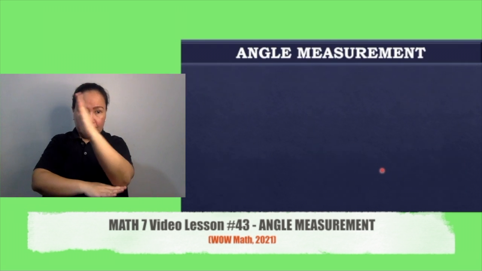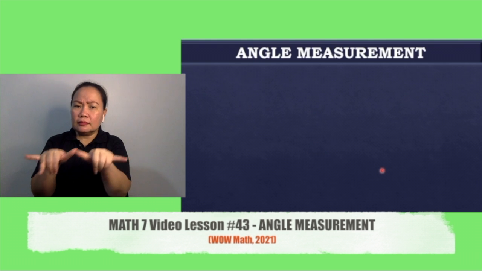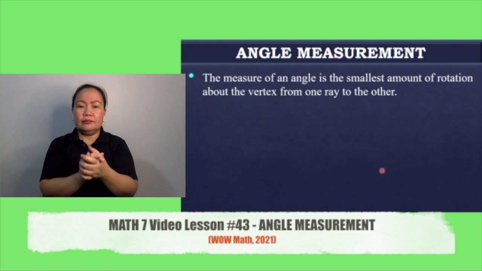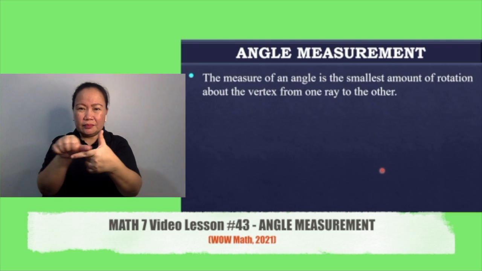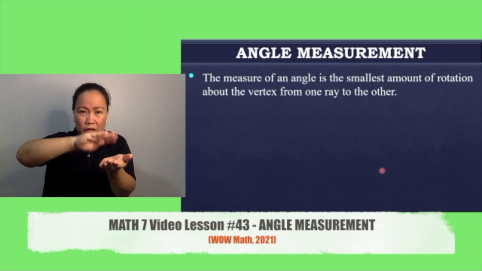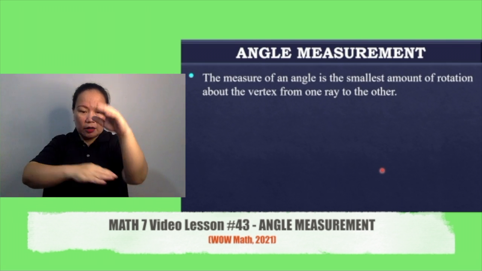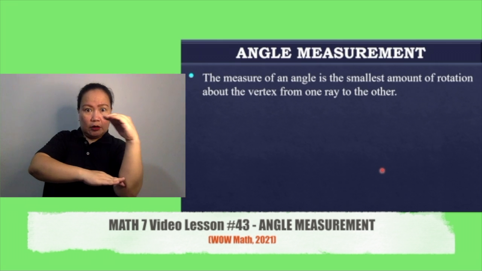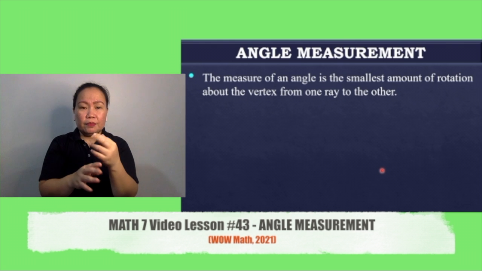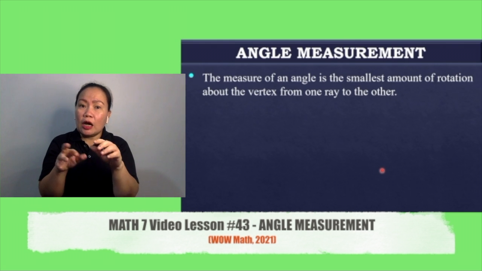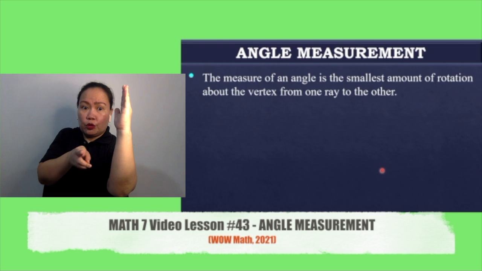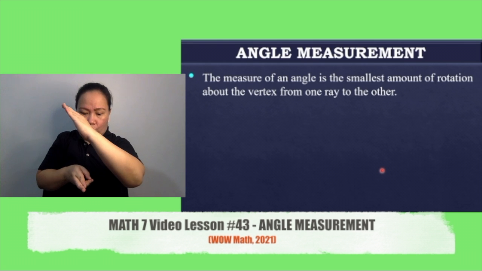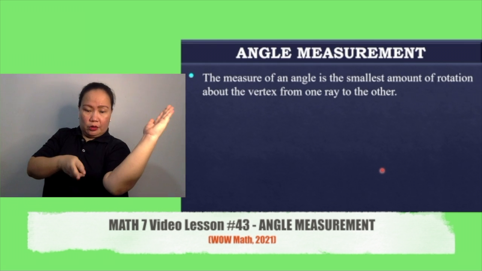Okay. So, how do we measure an angle? The measure of an angle is the smallest amount of rotation about the vertex from one ray to the other. Kapag nagme-measure tayo ng angle, ang sinusukat po natin ay yung kanyang rotation, gaano kalaki yung ni-rotate niya. Yun po yung angle, yung rotation na nabubuo.